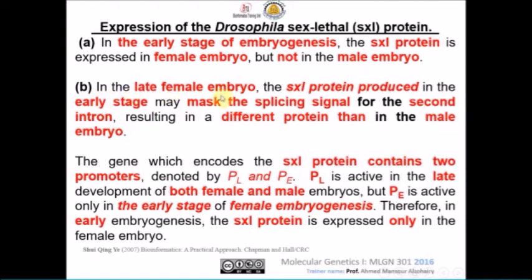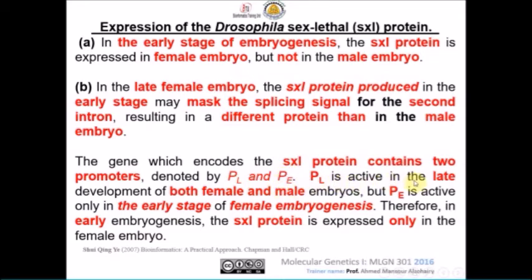In the late female embryo, the SXL protein produced in the early stage may mask the splicing signal for the second intron, resulting in a different protein than in the male embryo. The gene which encodes the SXL protein contains 2 promoters denoted PL and PE. PL for late promoter and PE for the early promoter.